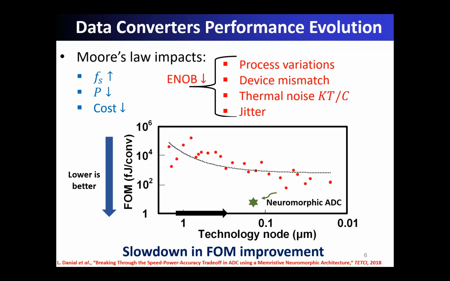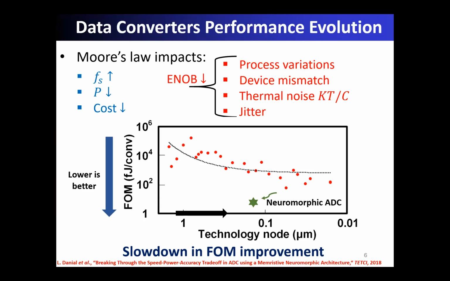Based on the same survey that I showed before, let's take a look now at the evolution of the performance of data converters along with technology downscaling. We know, according to Moore's law, that digital circuits are improving: transistors become smaller, cheaper, faster, and consume less power. But on the other hand, the analog behavior is dramatically degraded due to process variations, device mismatch, thermal noise, and jitter.